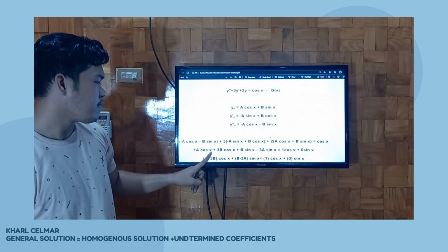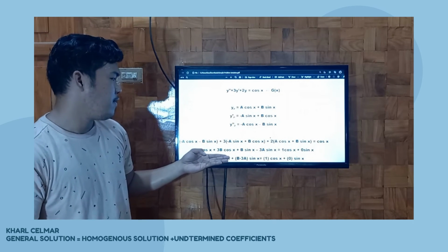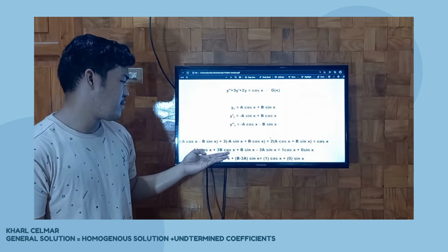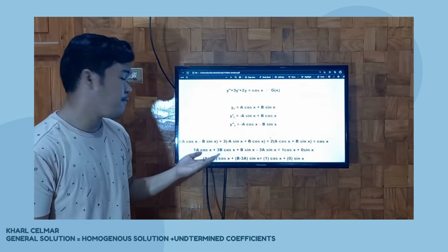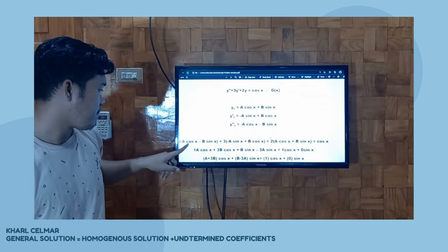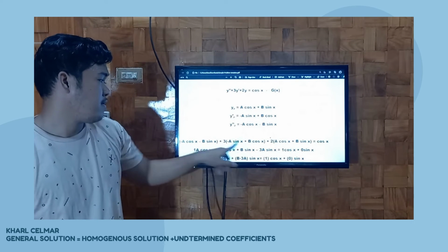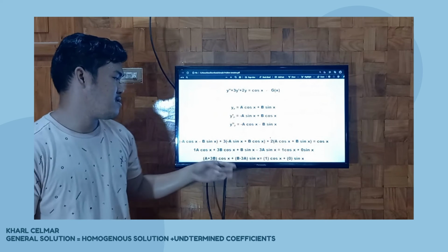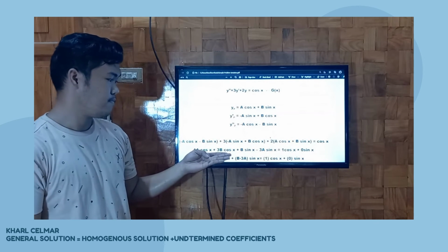Then we find the b cosine x. Where is the b cosine x? Here. So 3 times b cosine x is 3b cosine x.